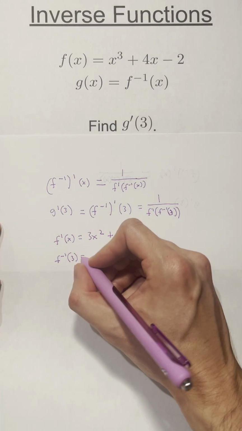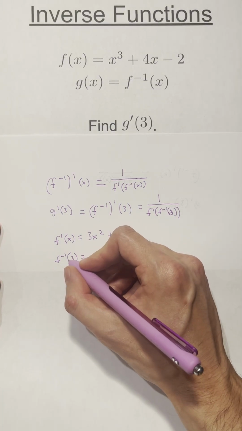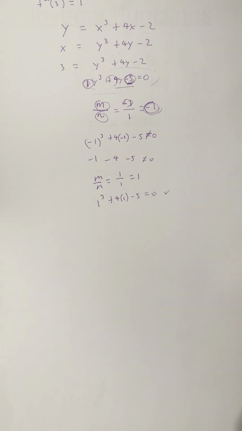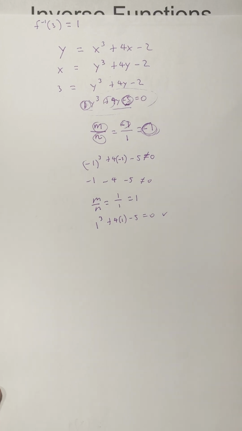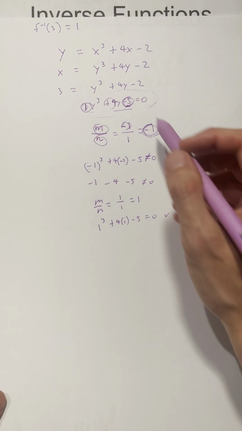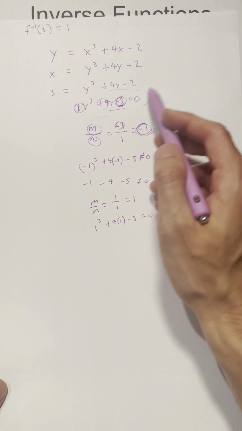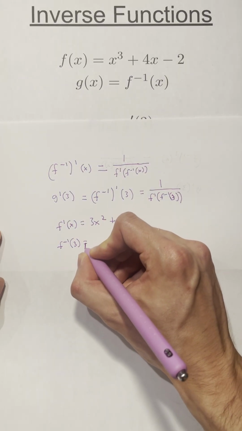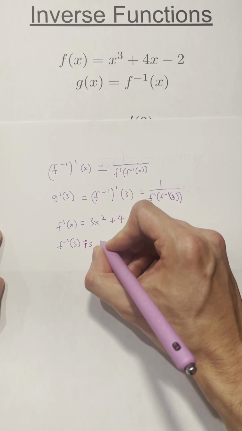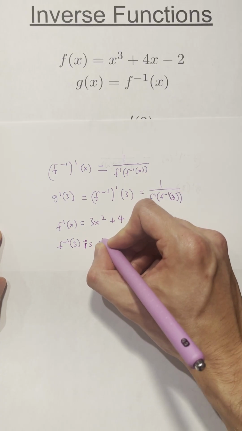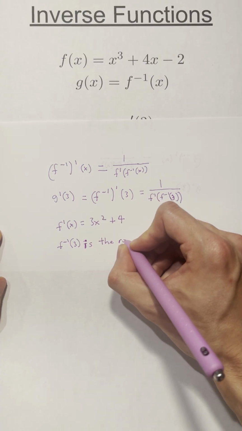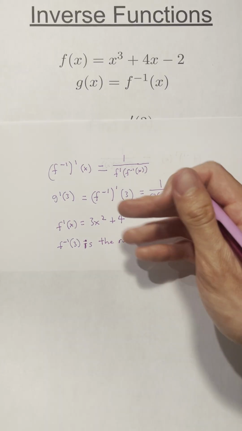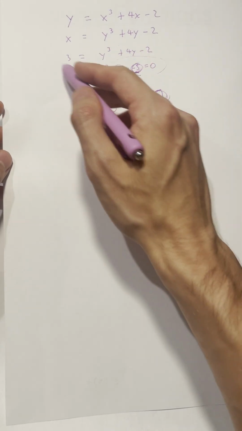All right. So to summarize what we have here, I'm going to say f inverse of 3 is the root of this equation.